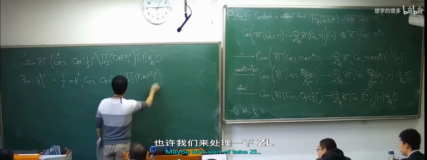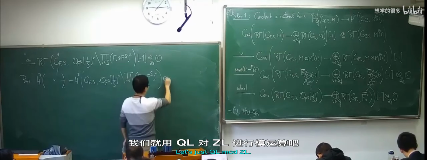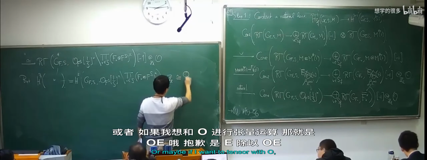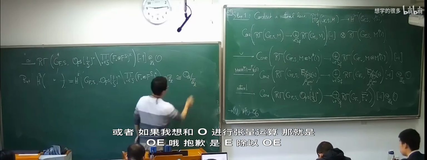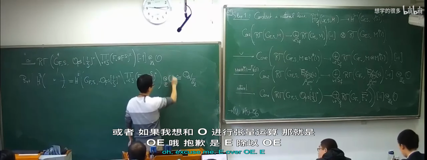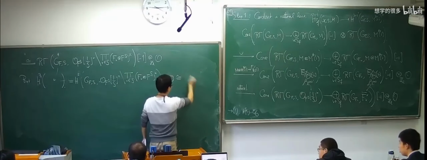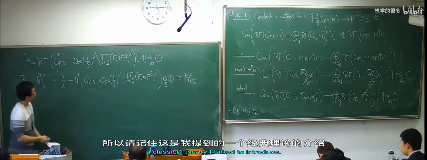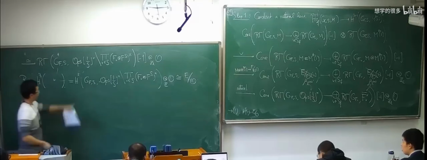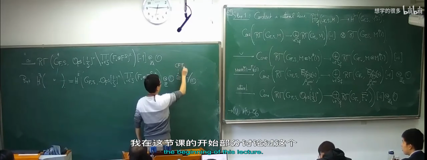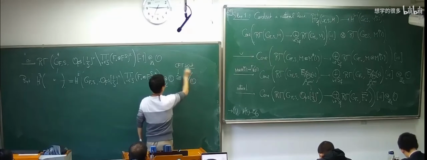Maybe let's just take Z_L. This is just Q_L mod Z_L. Or maybe if I want to tensor with O, that's going to be E over O. So recall that this was a class field theory input I discussed at the beginning of this lecture.